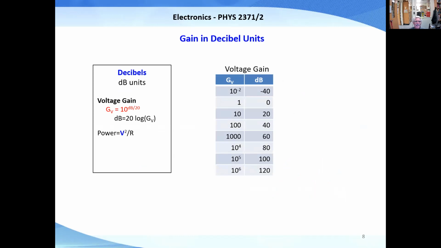You can see here a gain that's very small, a voltage gain less than 1, has a negative dB value, but it doesn't mean it's inverting. It's not inverting.